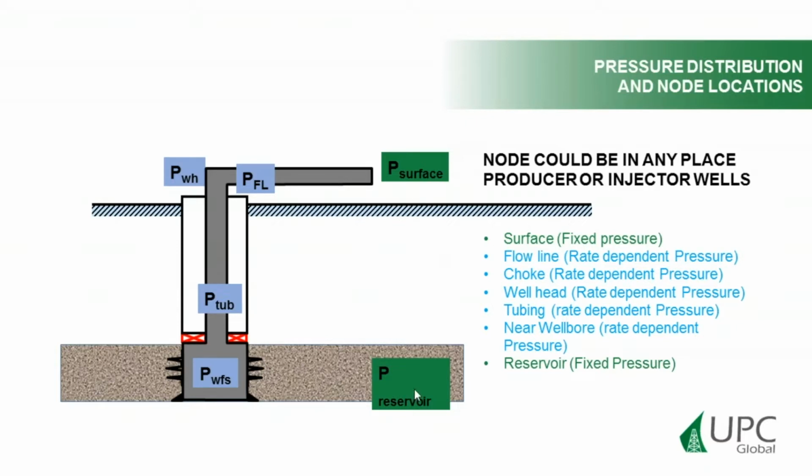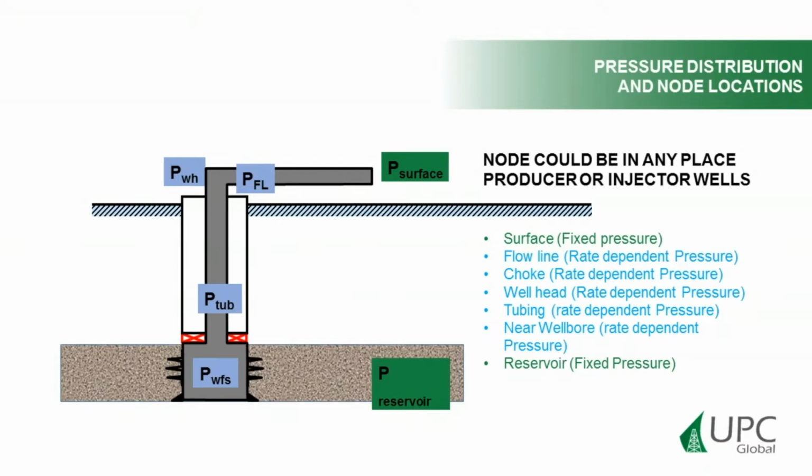And reservoir pressure is not going to change in the short term. To see a change in the reservoir pressure, we need years. But wellhead pressure, flow line pressure, bottom-hole flowing pressure, tubing pressures, they can change in a matter of hours. So these blue highlighted items can change in a matter of hours.